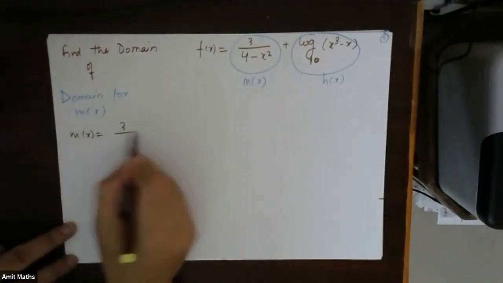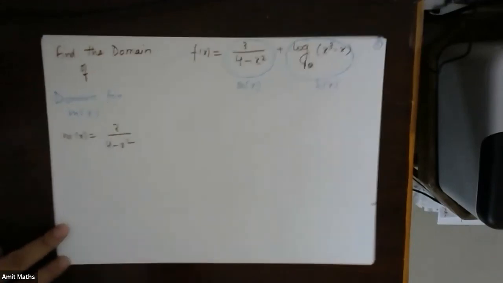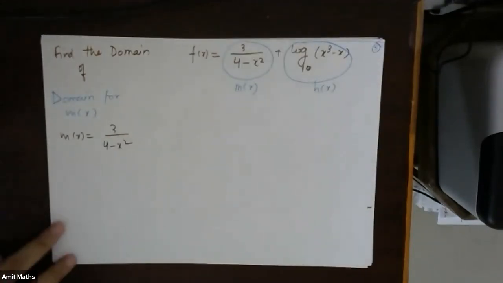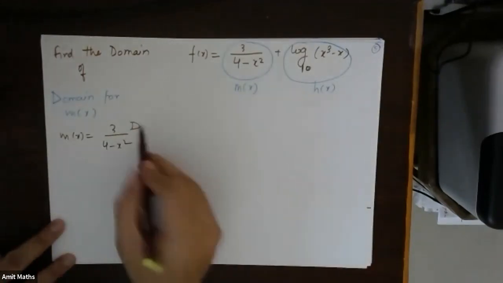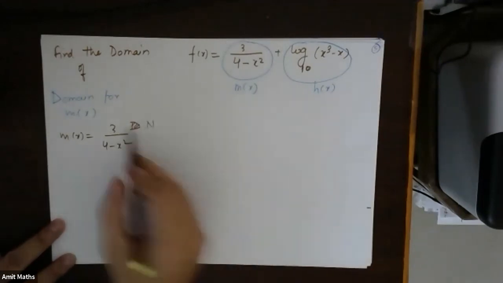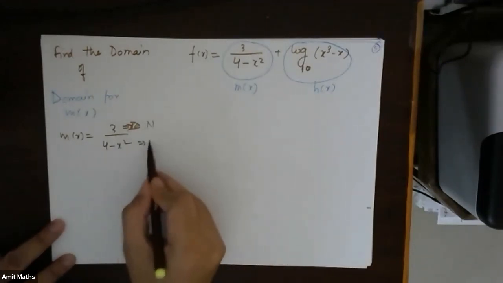m of x is equal to 3 upon 4 minus x square. This part is the numerator and this part is the denominator.